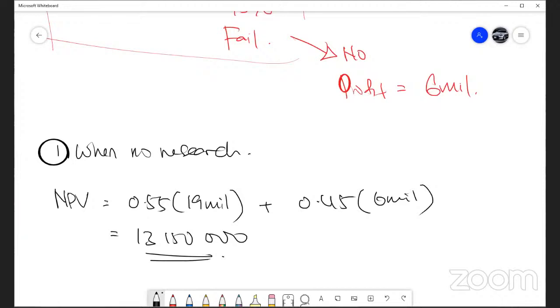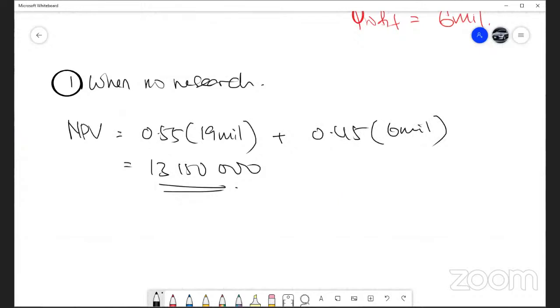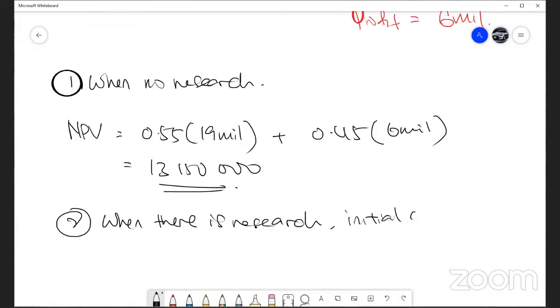The next one is the customer segment research scenario. When there is research, remember there's an initial cost of 1.2 million. Now you need to delay 1 year, so you need to discount it by 1 year.